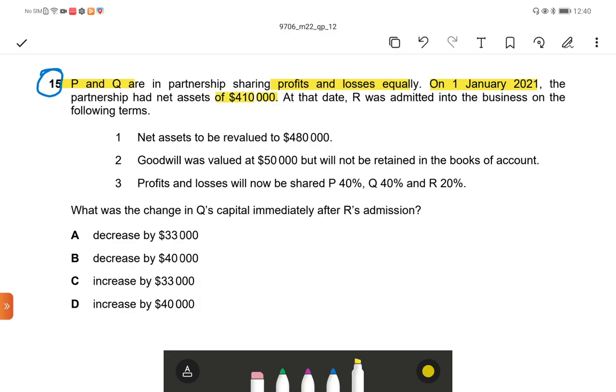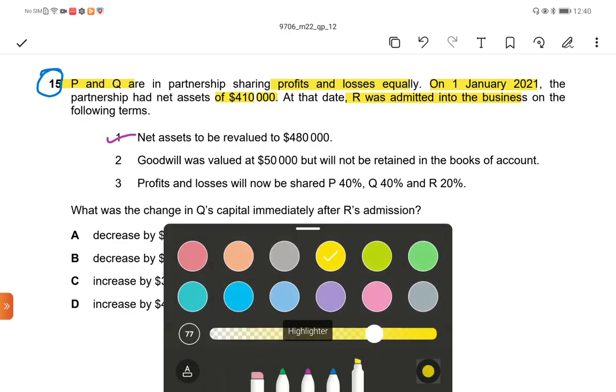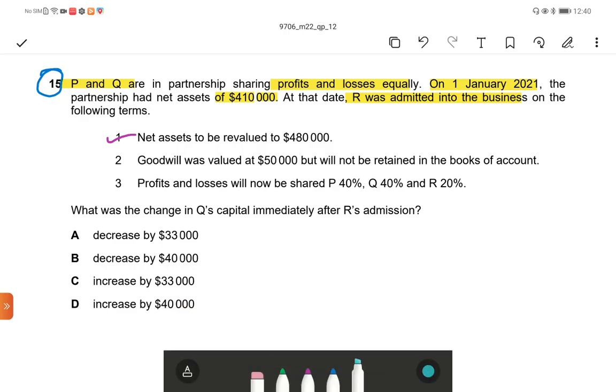At that date, R was admitted into the business on the following terms. Net asset is revalued at 480,000. Goodwill valued 50,000 but not retained in the books. Profit and losses will now be shared by P, Q, R in the percentages given.